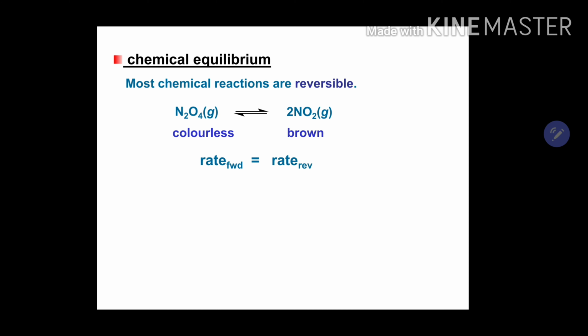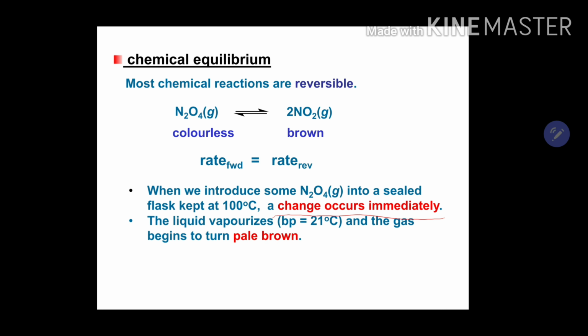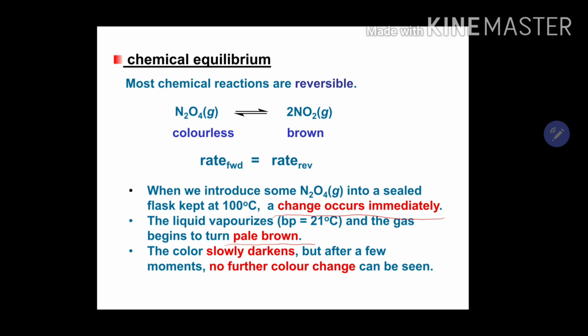How did it happen? When we introduce some N2O4 gas into a sealed flask kept at 100 degrees Celsius, a change occurs immediately. The colorless liquid vaporizes and the gas begins to turn pale brown. The color slowly darkens, but after a few moments, no further color change can be seen.